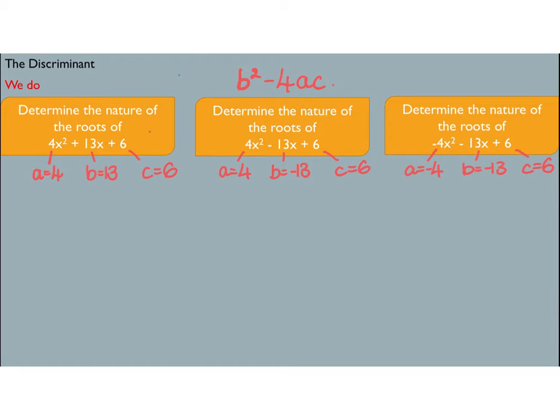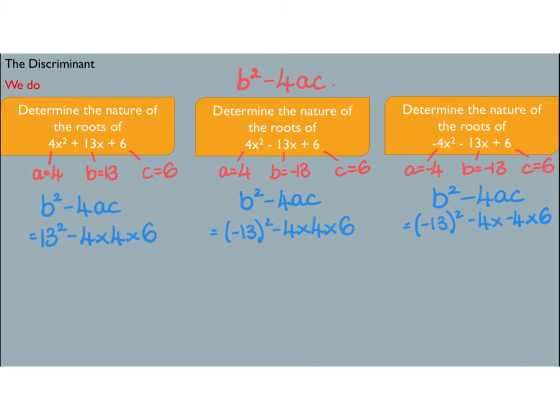Okay, so the first thing that I've done here is I've picked out A, B and C for each of my questions. Now you'll notice that each of these questions is quite similar, okay? So there are some tricks in there because we have some negative numbers, so we need to watch out for those and make sure you've got the skills to deal with them.